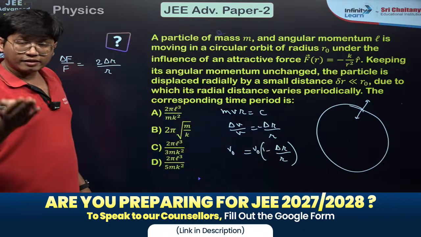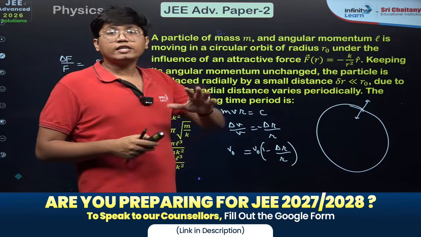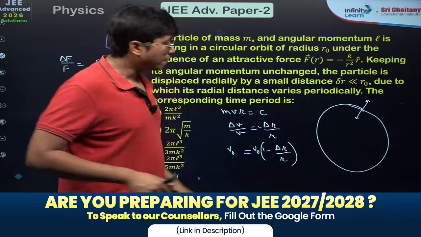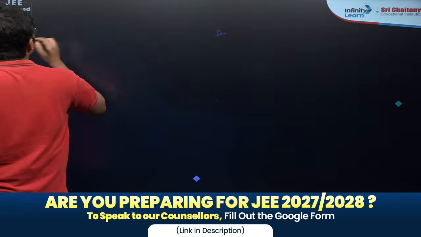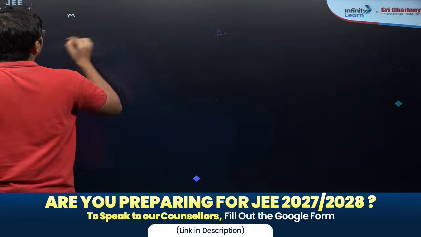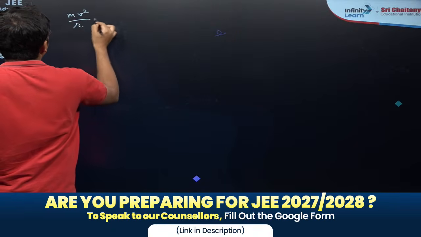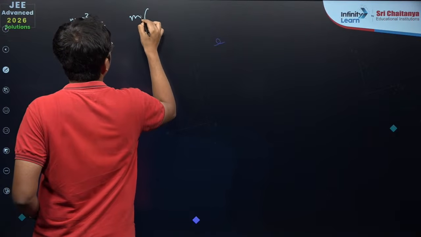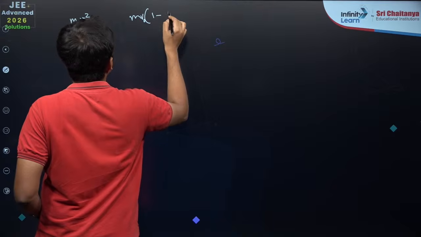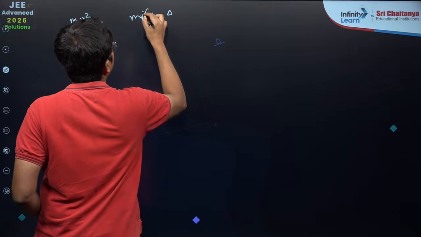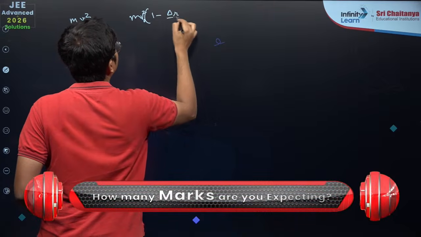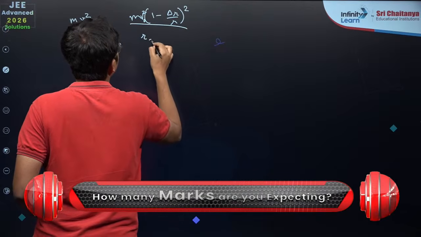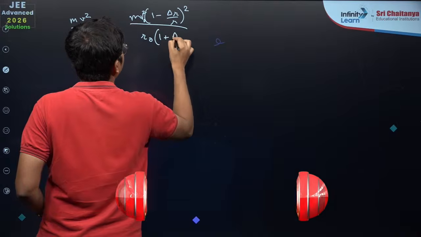Now what does the new centrifugal force become? Because the centrifugal force is mv square by r. So the new centrifugal force would become m into v0 squared, 1 minus delta r by r whole squared, divided by r0 into 1 plus delta r by r.